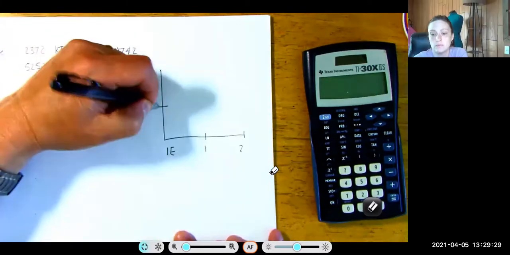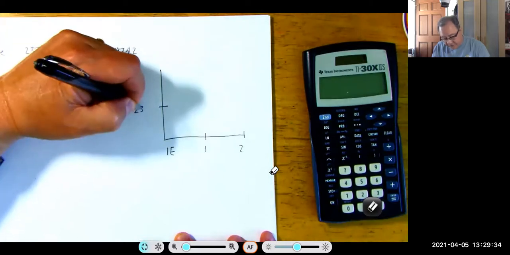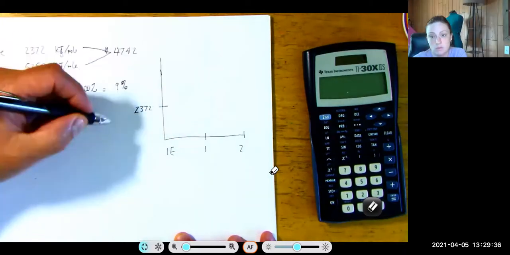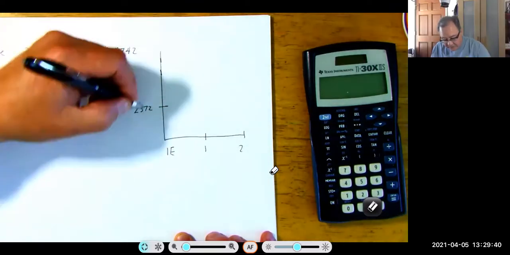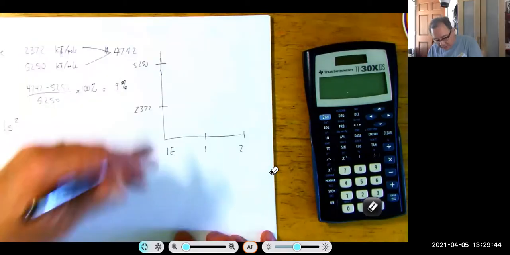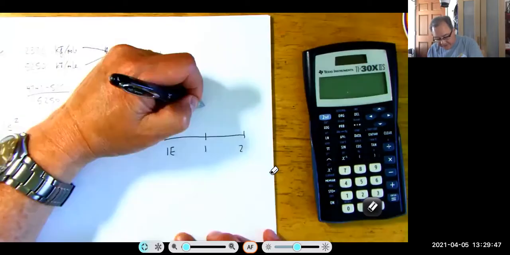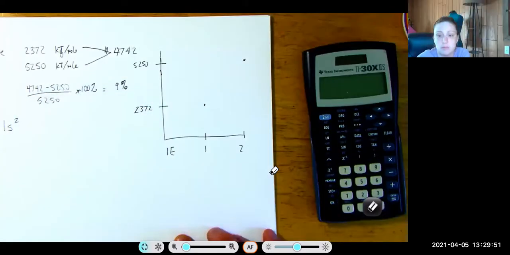The first one was 2372, and the second one was 5250. So this should be not twice as much, but a little bit more. So it's going to look like this and this. So the number on the bottom and ionization energy on the Y.